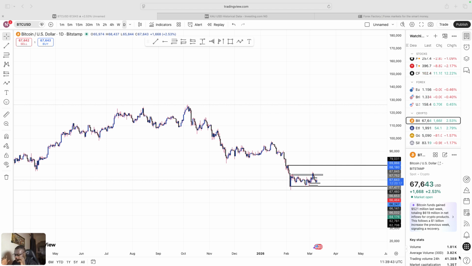First, what is support and what is resistance, and I'll be telling you what you need to do to make use of these things: how to use them, when to use them, and the other things associated with them.